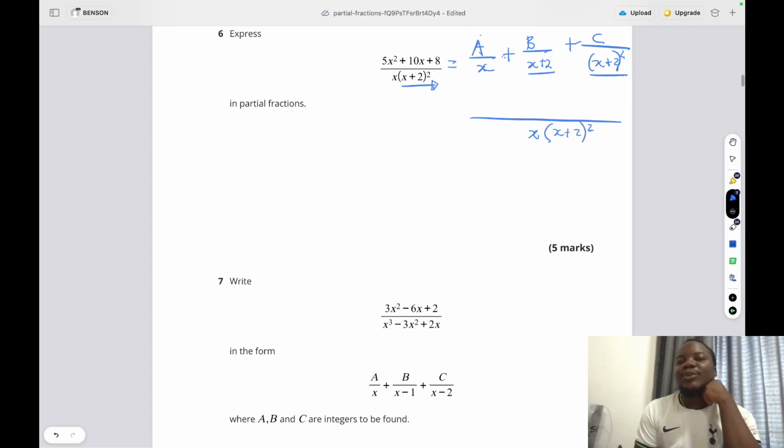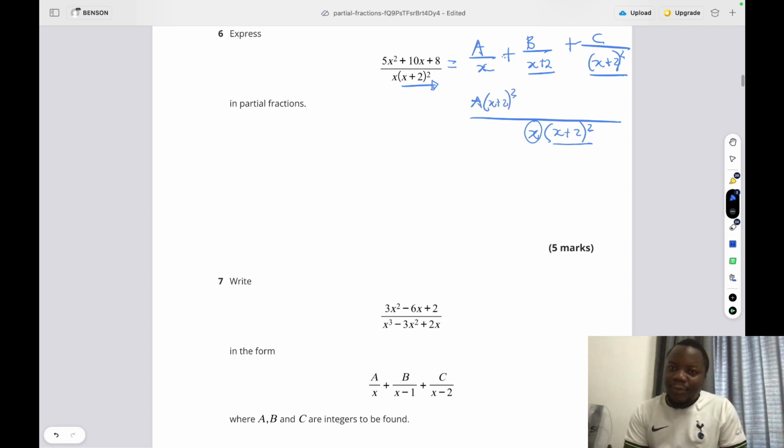If you want to know what to multiply a by, you cover this guy, x squared. It means a is going to multiply x plus 2 squared. Then for b, if you have one of these going in there, one of it is going to cancel out, so you're going to have b multiplying these two here.